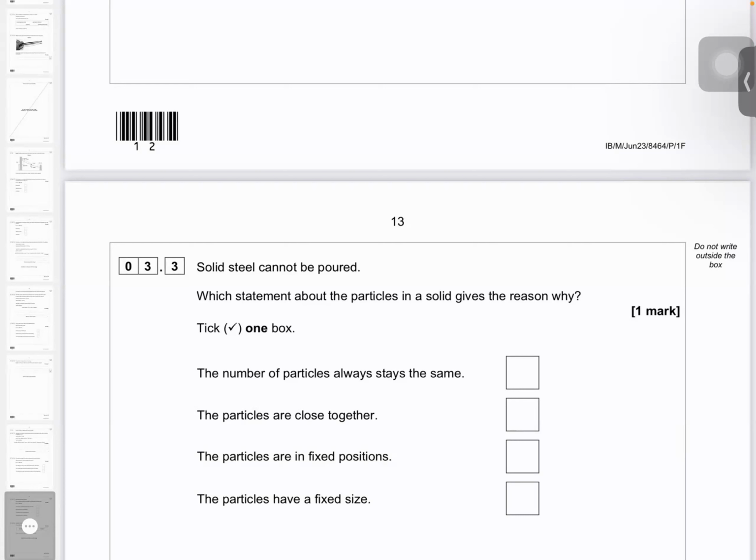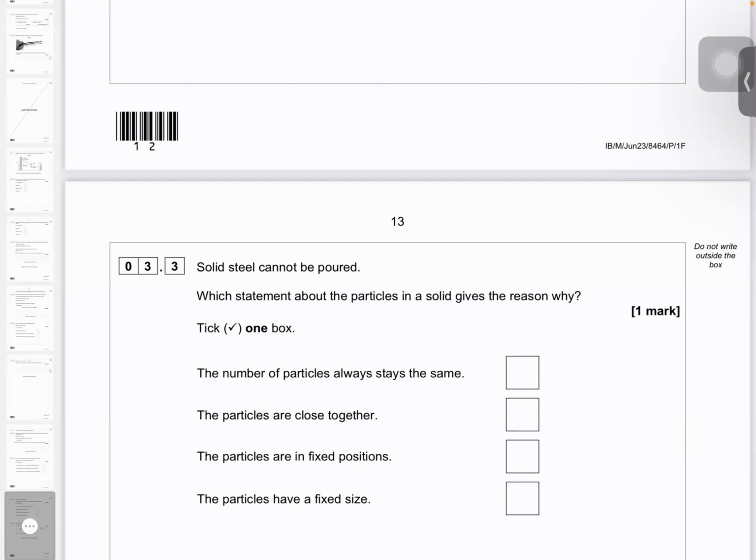Have you heard of the term lattice before? Lattice. Yes. Okay, good. That's the same term that defines how solids are. They're usually in a lattice, held together by strong bonds. So when they're like that, there's no way they can behave like liquids.